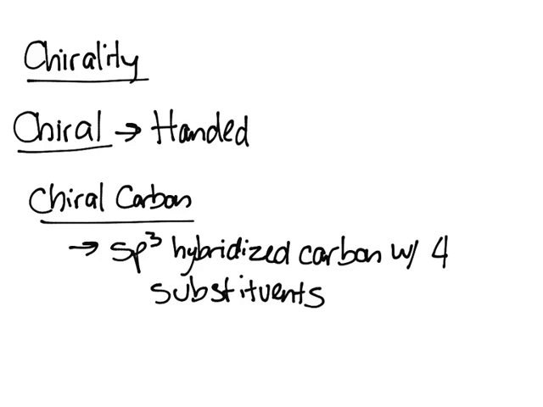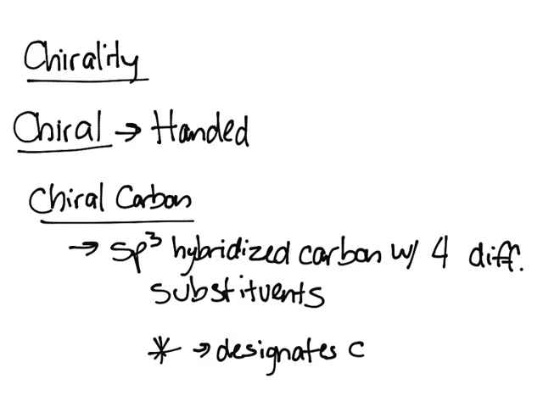And so if you have 4 different substituents, the carbon is said to be chiral. So 4 different substituents. If you have 2 hydrogens on there, or 2 of the same things, then it is not chiral. So often you can designate a chiral center by using an asterisk. So this designates chiral centers.